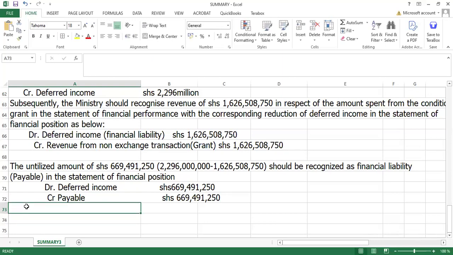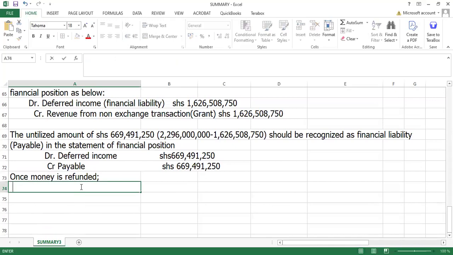Then at the time of refund, once money is refunded, you debit what?